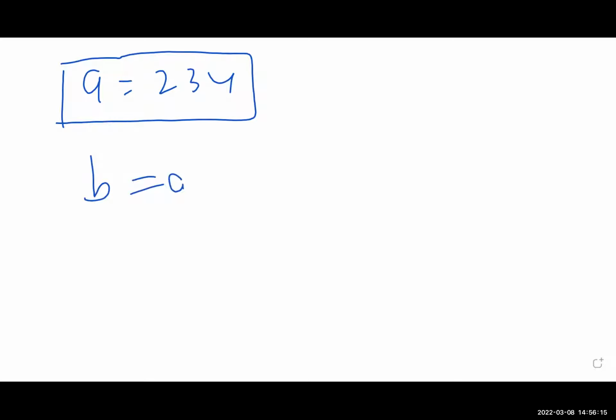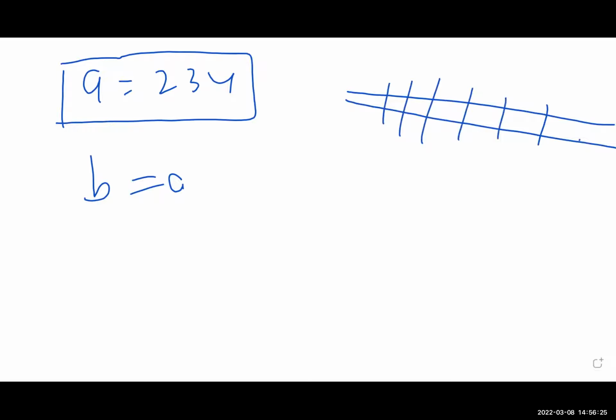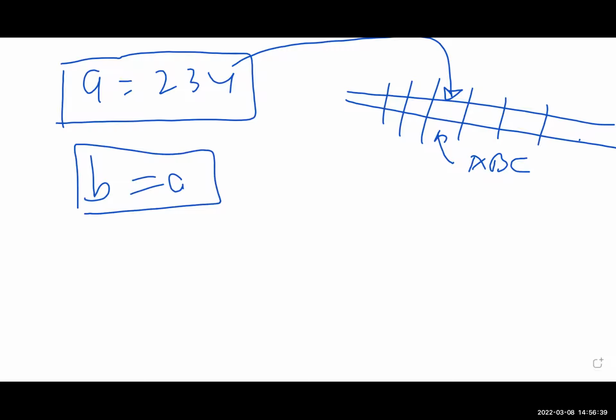What is the meaning of this? This means inside Python, this is the memory of Python. Say A is 234, and Python puts in the memory address of this one. For example, this is the memory address ABC. When you say B equal A, that means the reference ABC is there, so it will put in the same reference of memory address.